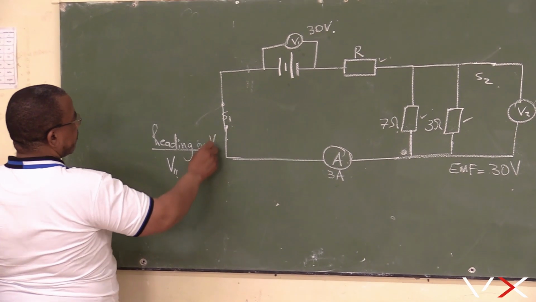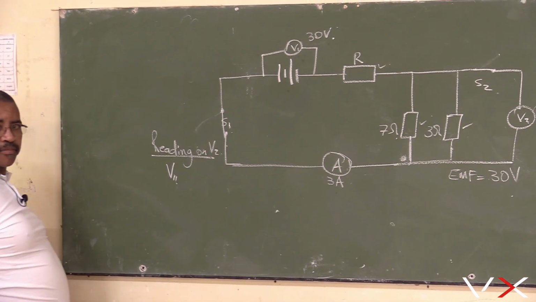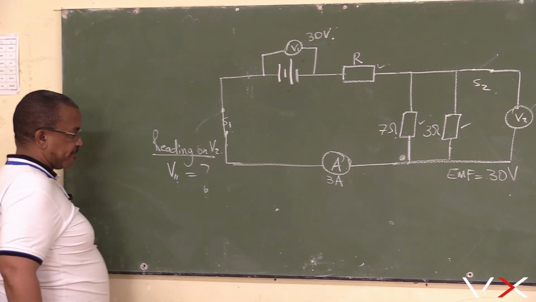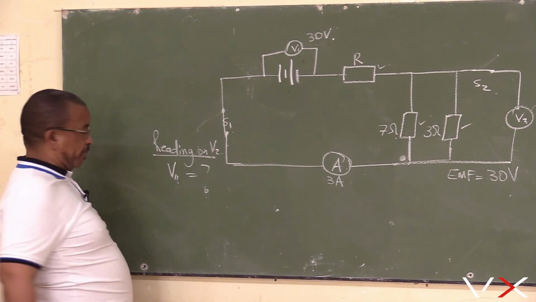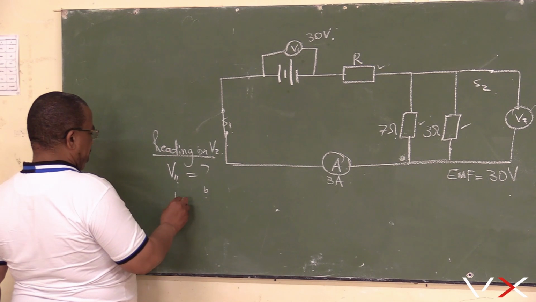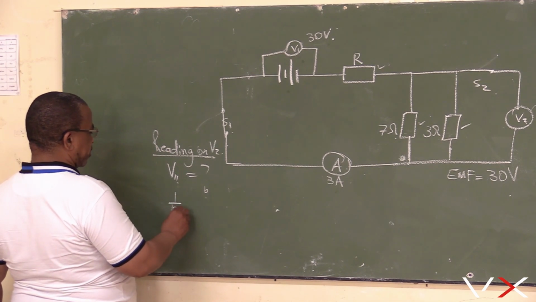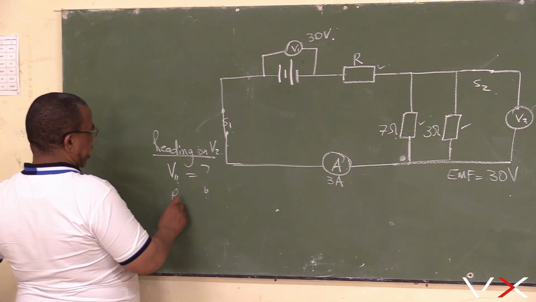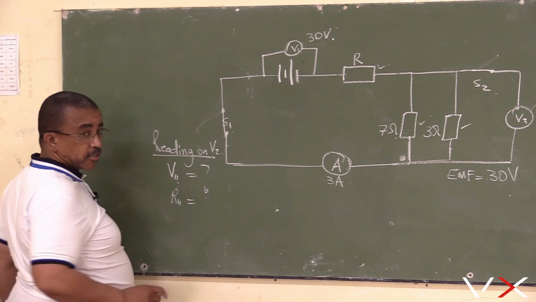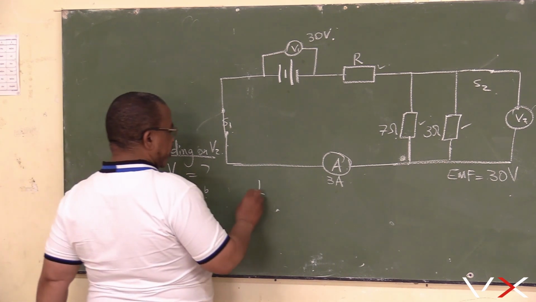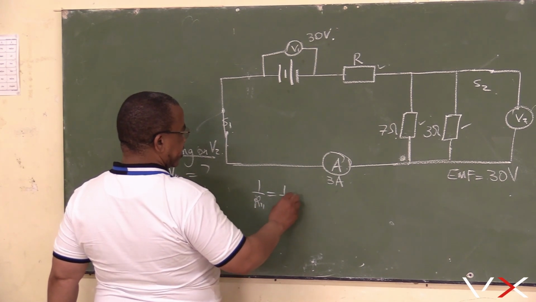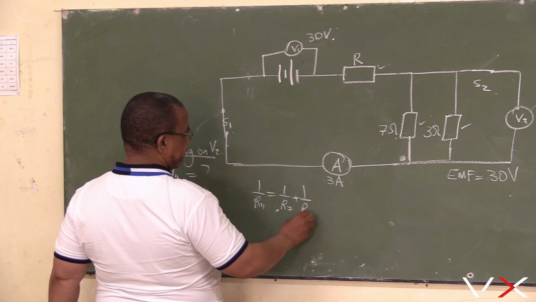So ingakanani u-V parallel sifuna wona na. Mesizofuna u-V parallel sizothini na, 1 over, asithole kuqala u-R parallel. Ungakanani u-R parallel na. Asilungiselele 1 over R parallel is equals to 1 over R7 plus 1 over R3.